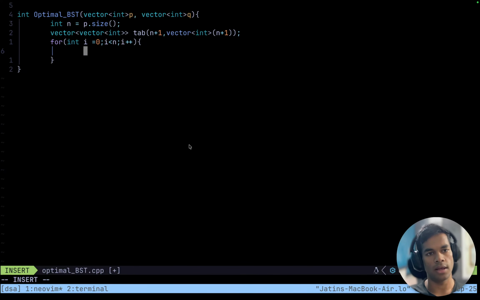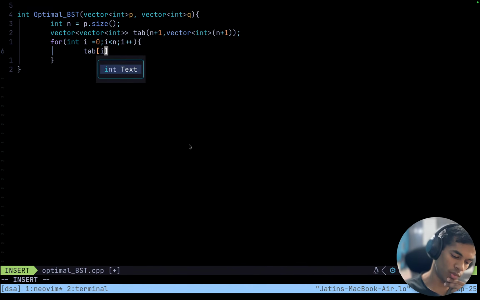And here tab, there are going to be two values, i and j.